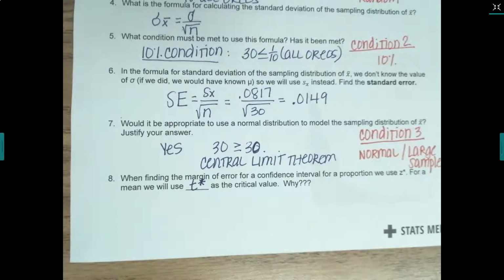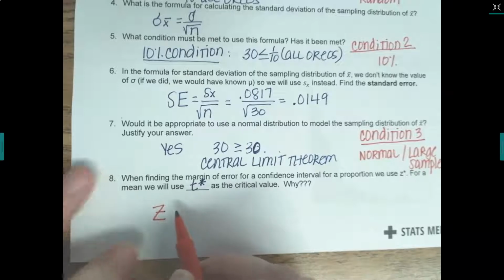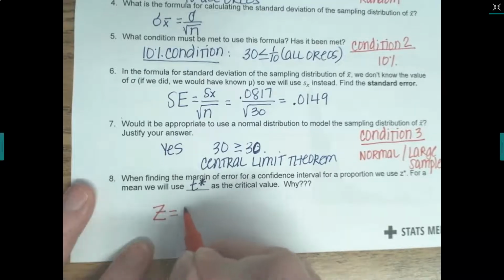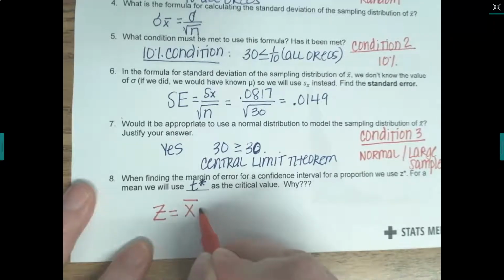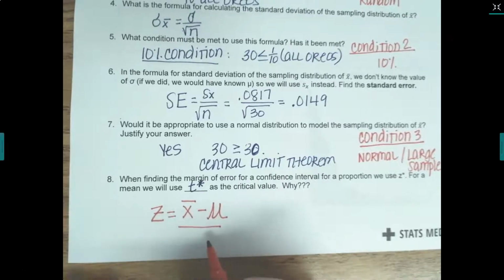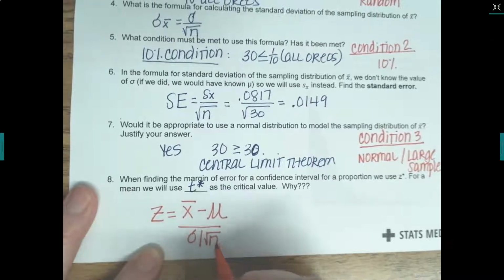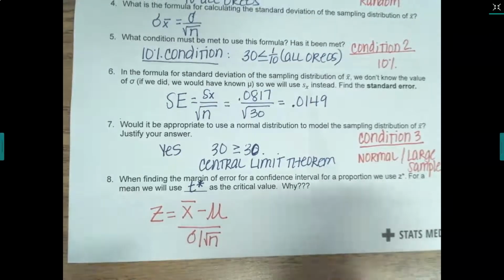Okay, and so we were doing a z-score formula where we took the mean minus the parameter and we divided by the standard deviation. This is what we were doing before.